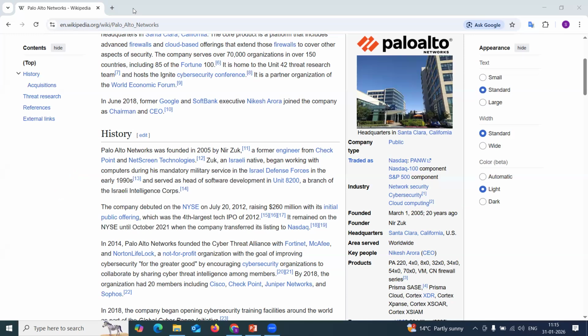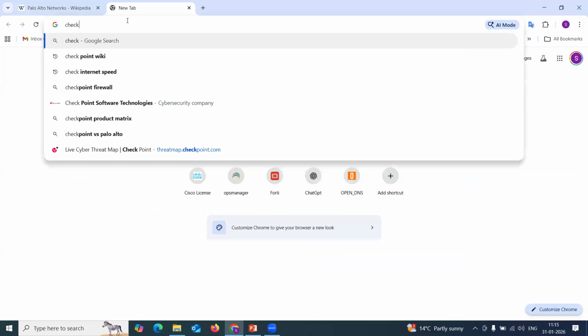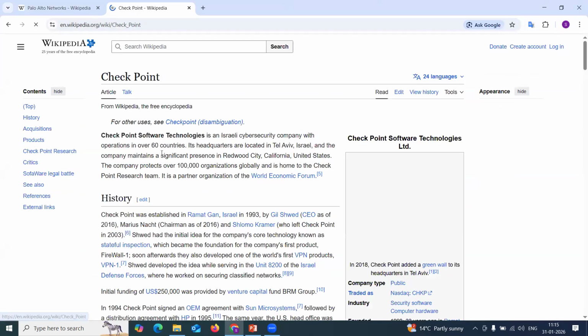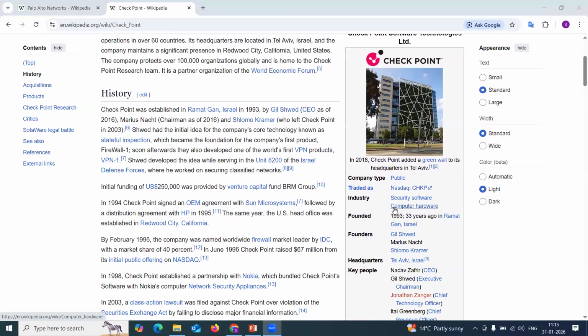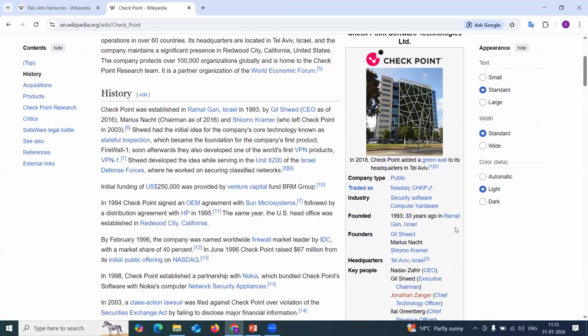There is something special about Checkpoint firewall and Palo Alto firewall that I want you to know. So if I say Checkpoint firewall Wikipedia, now you see 1993, this firewall was founded, and it is an Israel-based company.